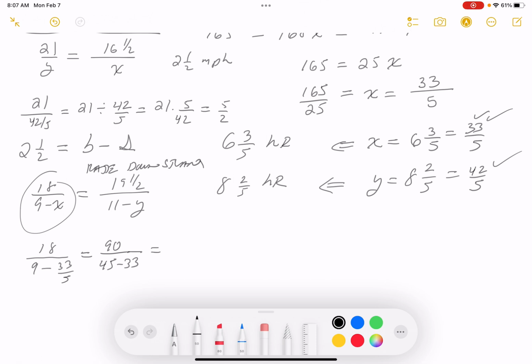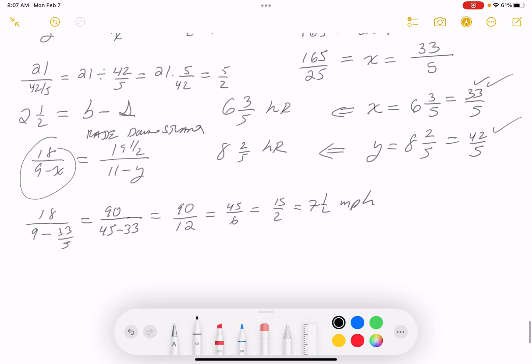And that's going to be what? 90 over 45 minus 33, which is 12. Let's see, 45... I'm going to divide by 3, 15 halves, or 7.5 miles per hour downstream.